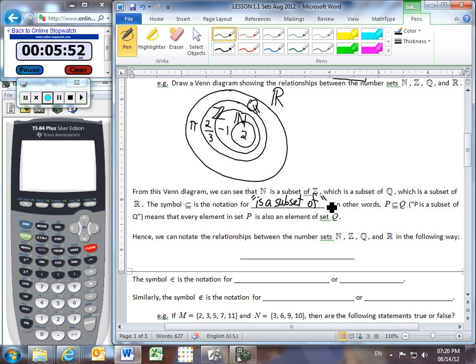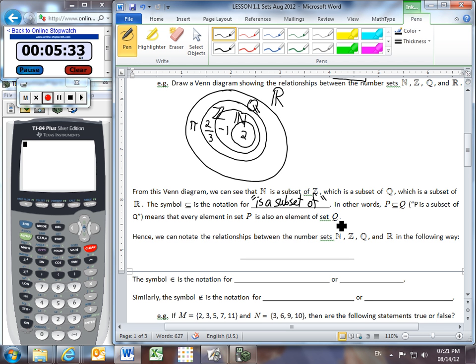So that is to say that if we said P is a subset of Q, that means that every element that is in set P is entirely contained. All of P is entirely contained inside Q.